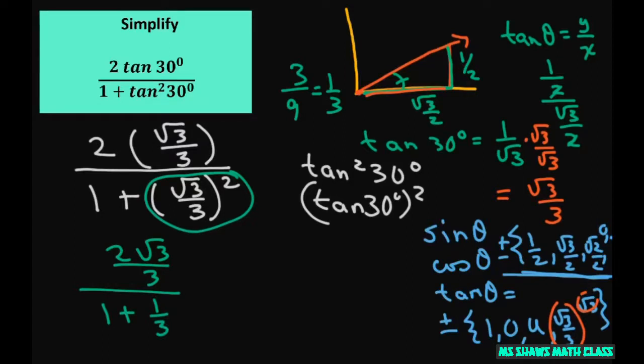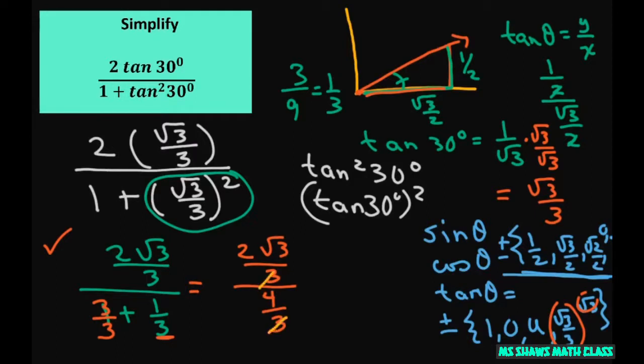And this is going to happen again. If you're new to trigonometry, you're going to keep getting these where you have to simplify the fraction. You just use your common denominator here, and I just write it over like that. Makes it a little easier. So basically we have 2 square root of 3 divided by 3 divided by 4/3.